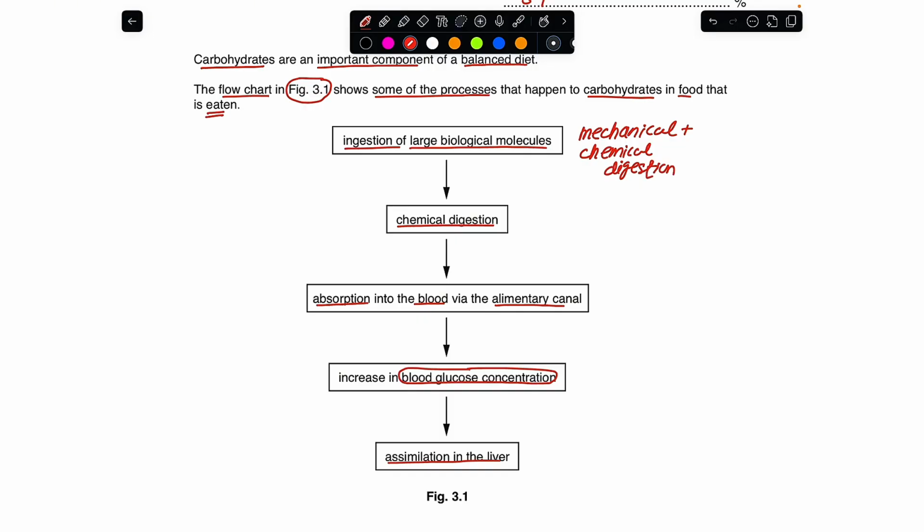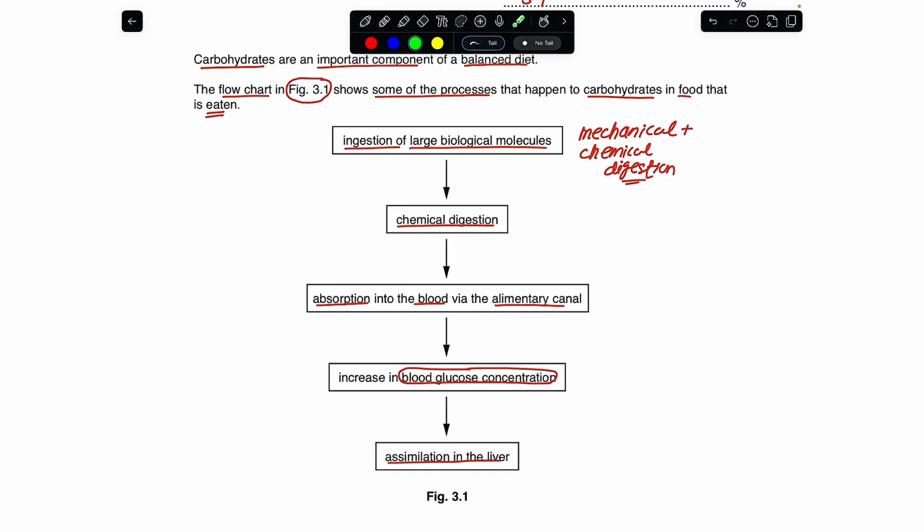Now, why the mechanical digestion? Because within the mouth we have these incisors, canines, premolars, and molar teeth. What they do is that the carbohydrate that we have eaten would be broken down into small pieces.